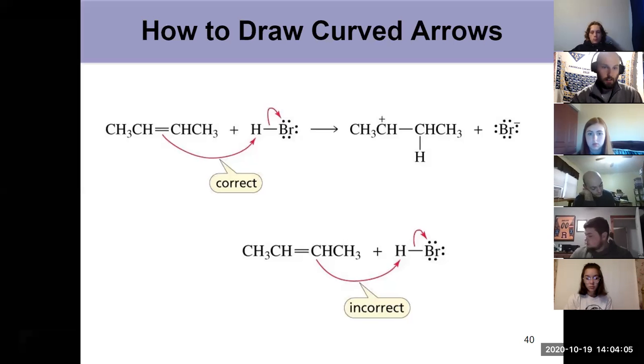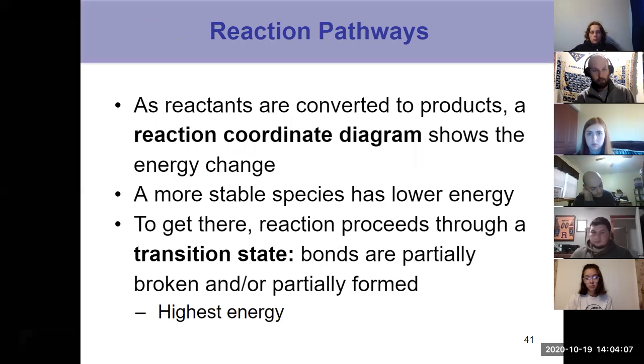Okay, so we finished with one idea, just reaction pathways, 2 slides here. Okay, these are something that should hopefully seem familiar from Gen Chem. Okay, reaction pathways or reaction coordinate diagrams. These were introduced for us in Chem 1560. Right, when reactants go to products, we can track energy changes. Okay.